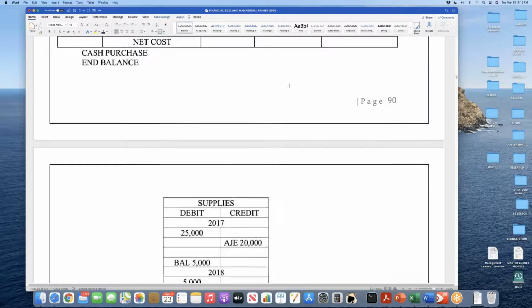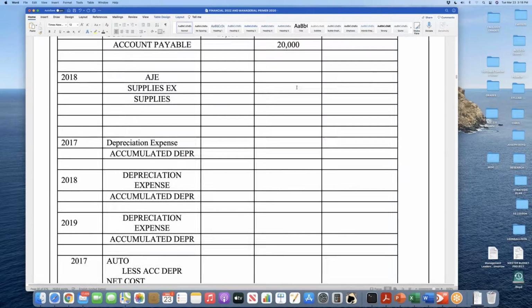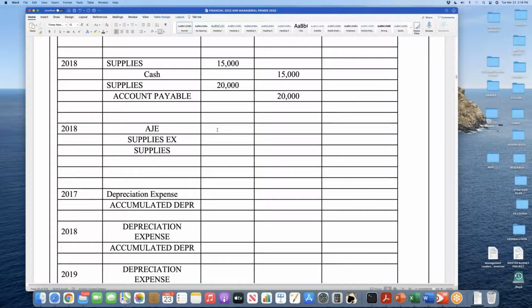So we go back up here to this entry, and we're going to debit supplies expense for 25,000, and we're going to credit supplies for 25,000.